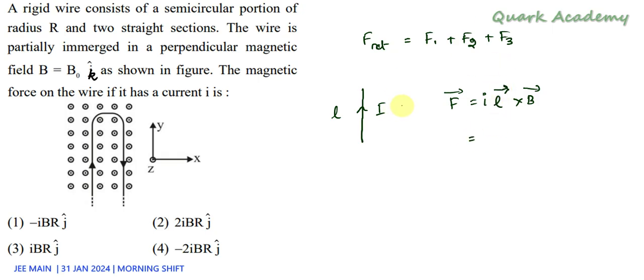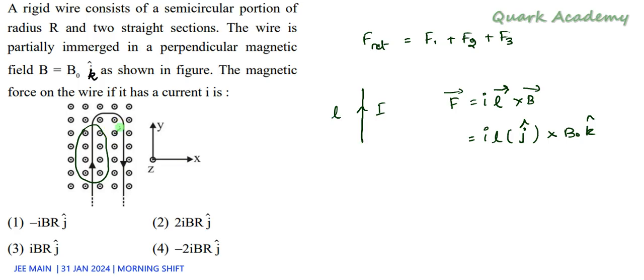The L vector we have to consider in the direction of current. So it will become I L, and based on this axis it is in the j cap direction, cross product with B0 K cap. This is for this particular section.